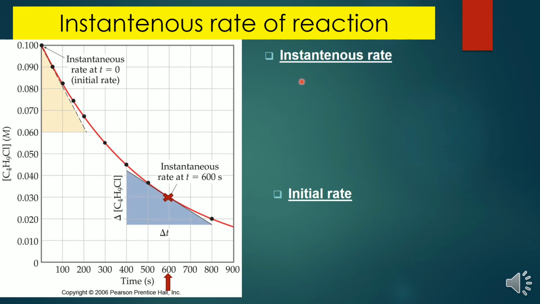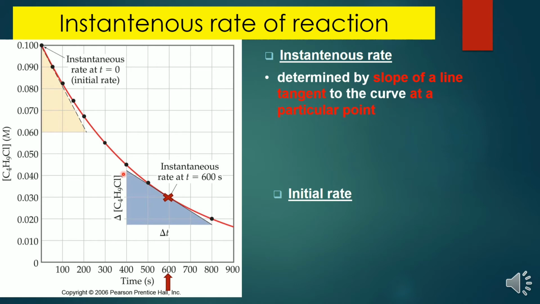If we want to calculate the instantaneous rate when the time is equal to 600 seconds, what we're going to do is draw a straight line tangent to the curve at the 600 second mark.